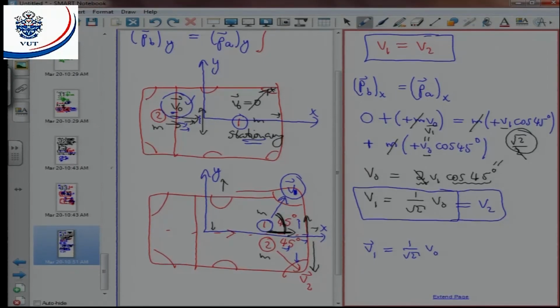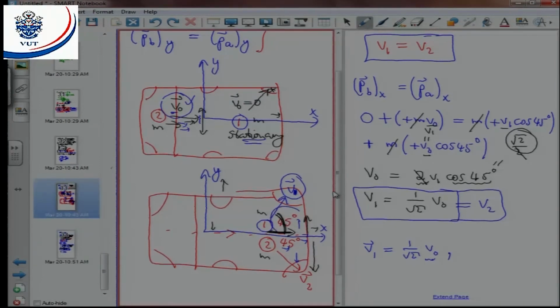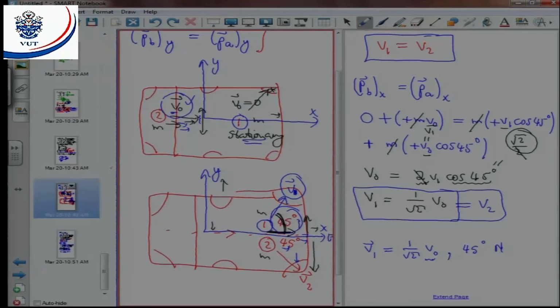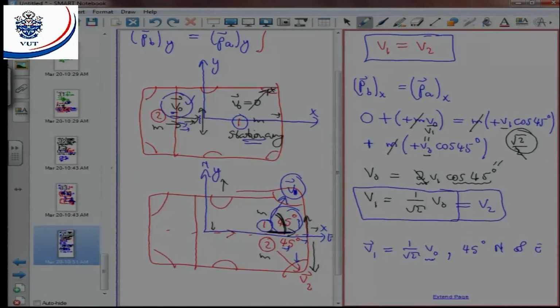Maybe v naught is 10 meters per second, then you substitute 10 meters per second here. And then the direction, if you check your diagram, it's 45 degrees north. So remember this is east, that's north, so north of east. Okay, so that is how we solve problems in 2 dimensions.